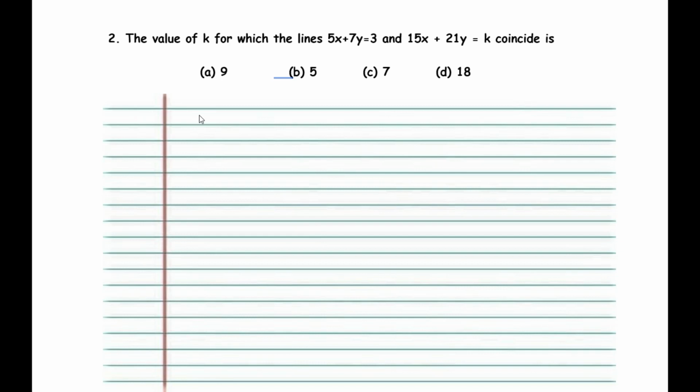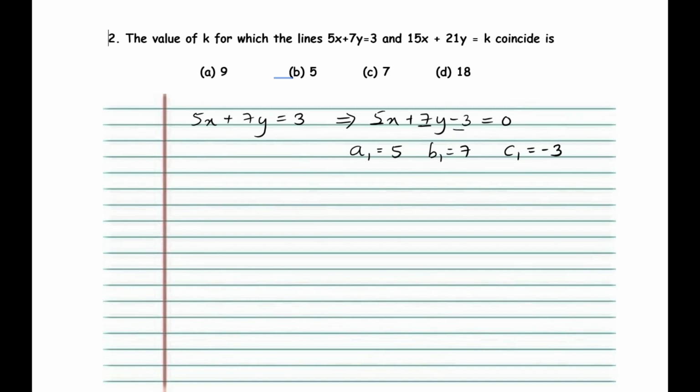Writing the first line in standard form, 5x plus 7y, shifting 3 to the left-hand side, it becomes minus 3 equals 0. A1 is 5, B1 is 7, and C1 is minus 3.